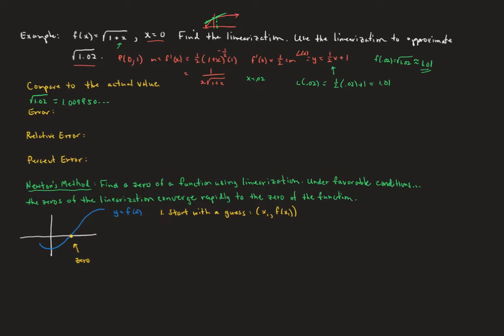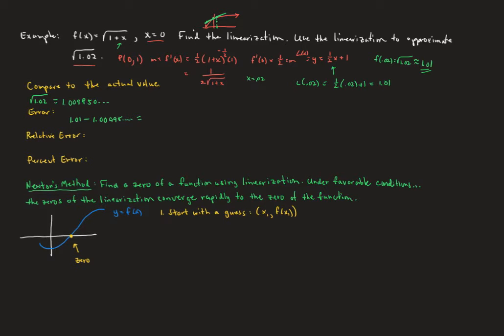So the error is going to be the difference between the actual value, what our calculator gave us there, and our approximation, the 1.01. So I'm going to say it's 1.01 minus that 1.00995, on and on and on.